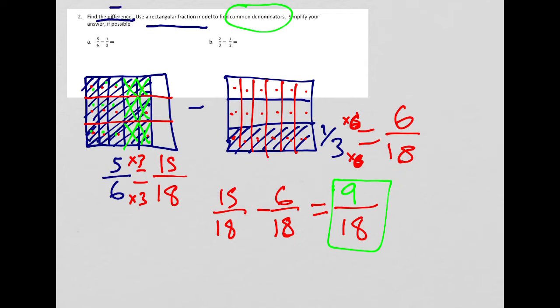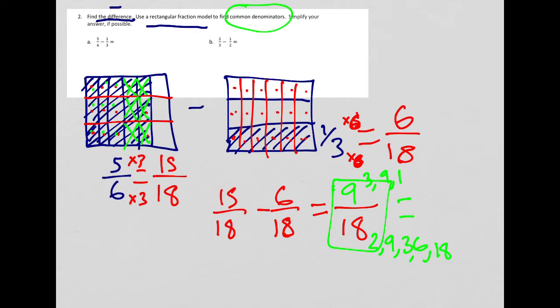Now 9/18 can be simplified, and they're asking me to simplify my answer. And I know it can be simplified because 9 can go into 18. When I look at their common factors, 9's factors include 3, 9, and 1. 18's factors include 2, 9, 3, 6, and 18.